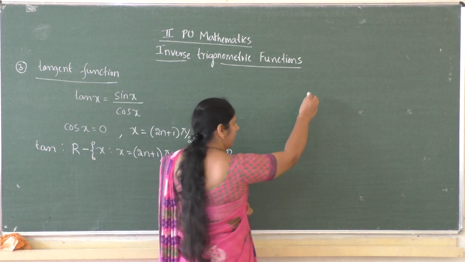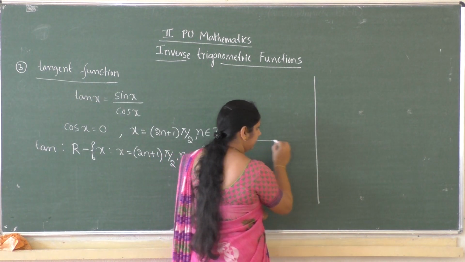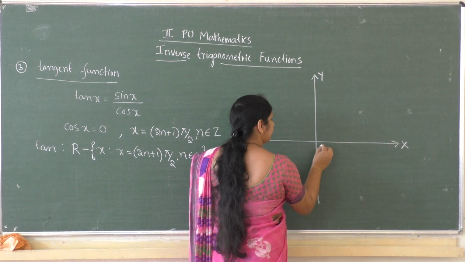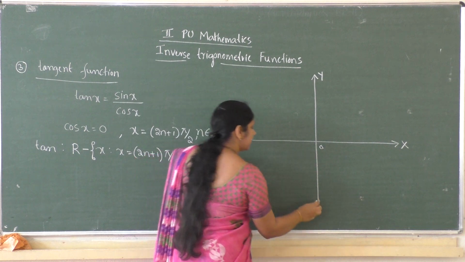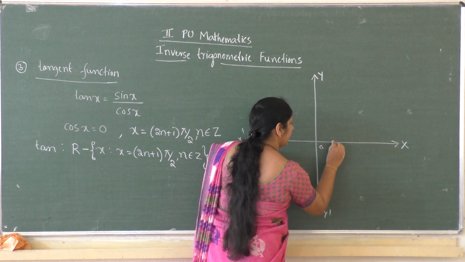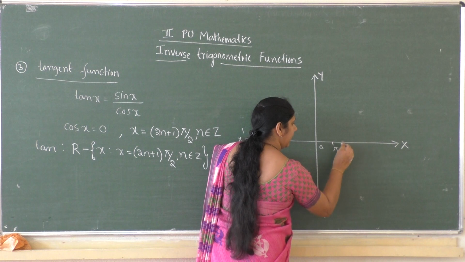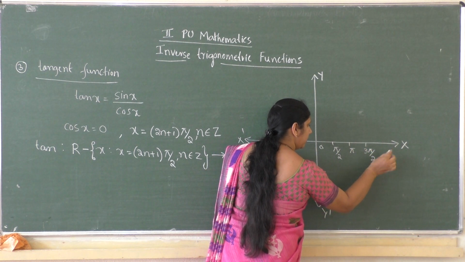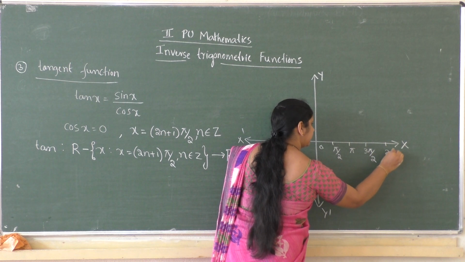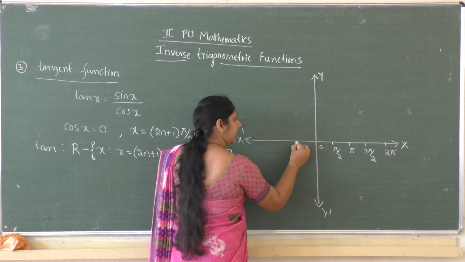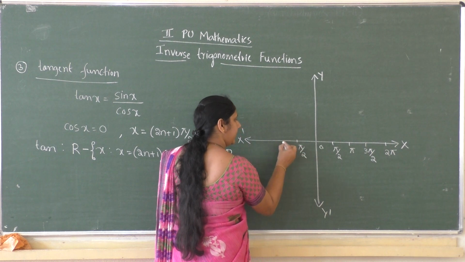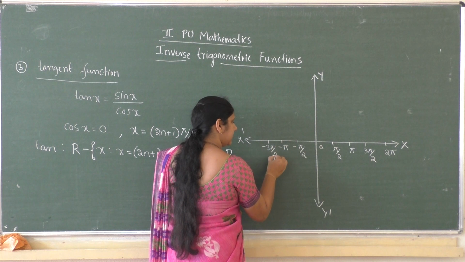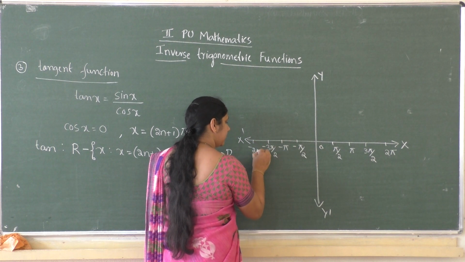Now we will do the graph of tan. You already studied this graph in first year. Along the x-axis we will take the radian values pi by 2, pi, 3 pi by 2, 2 pi, and then the negative ones, minus pi by 2, minus pi, minus 3 pi by 2, minus 2 pi.